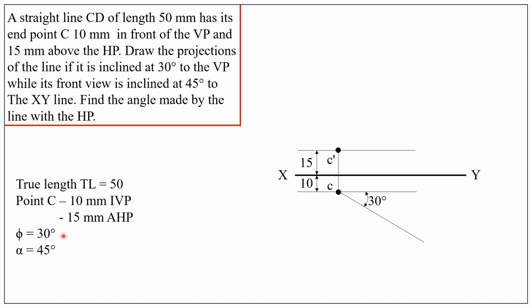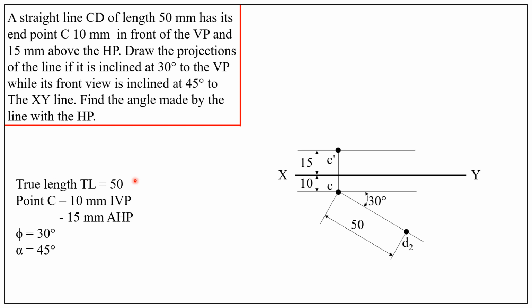Since the line is assumed parallel to the horizontal plane, we can see the true length in the top view, and true length is given as 50. Therefore, with C as center, mark point D2 such that the distance CD2 is equal to 50. CD2 is the top view drawn assuming the line is parallel to HP.